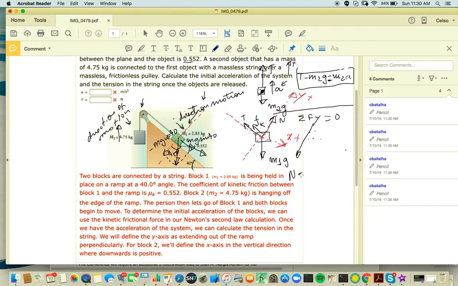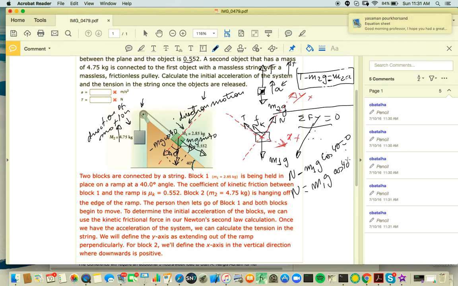So in y, normal force minus m1g cosine of 40, I'm projecting y, is equal to 0, which means normal is equal to m1g cosine of 40. Okay.